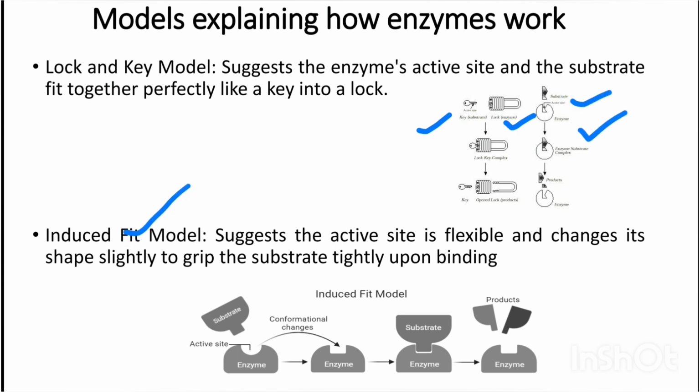And the induced fit model suggests that the active site is flexible and can change its shape slightly to hold the substrate tightly upon binding. So these are two models to explain the mechanism of enzyme action.